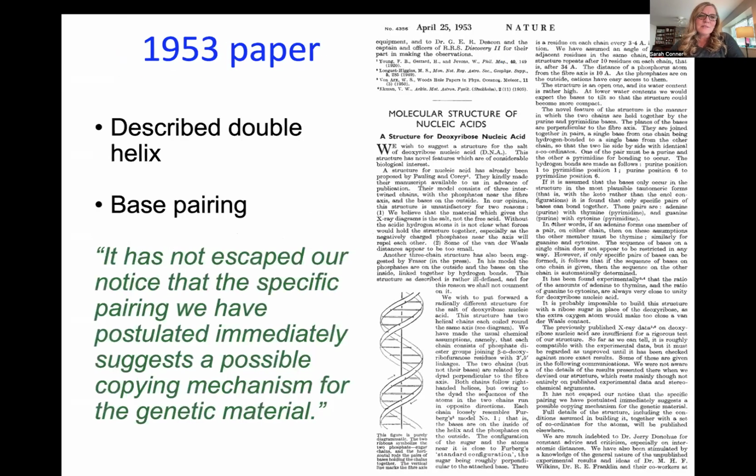So here's the paper that described the pairing. This was not even Watson and Crick's work. They published it later. They had three different types of publishing pieces in that newspaper. They published their work, they published the guy who did the base pairing, and then they published Rosalind Franklin's paper last.